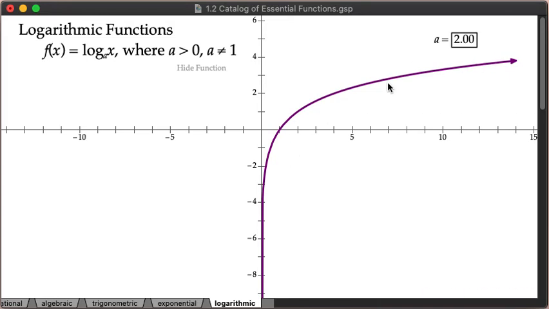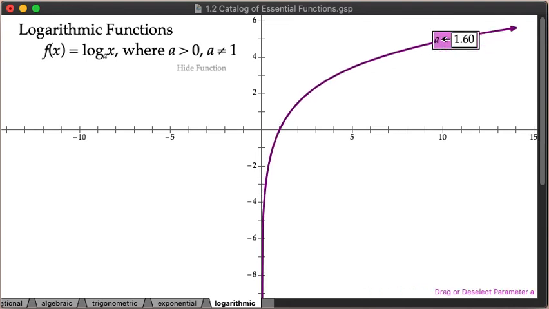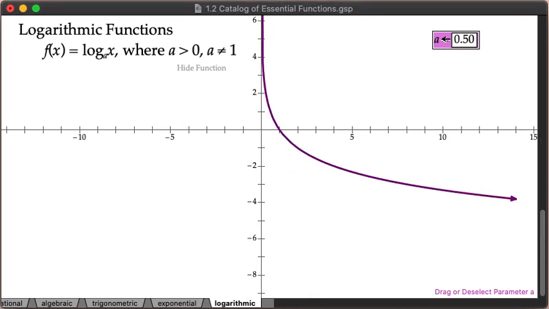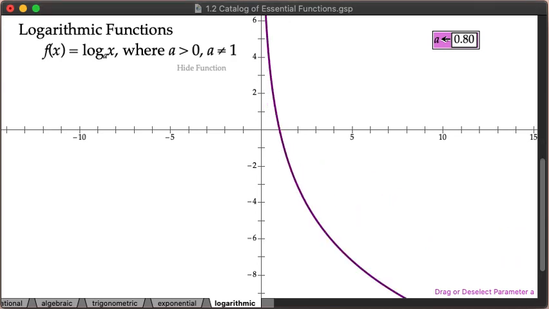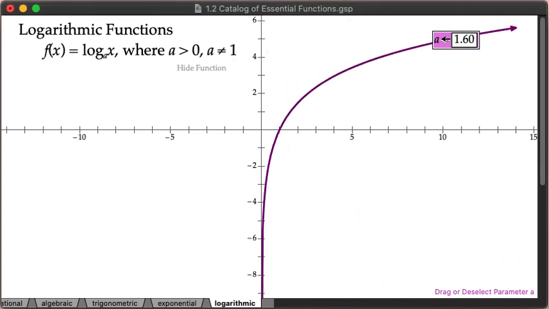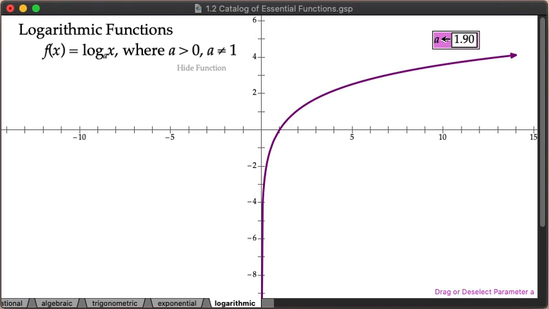But you should know for logarithms, the base, again, has to be positive and not equal to 1. If it's equal to 1, there's no function. If the base is less than 1, we have a decreasing logarithmic function. If the base is greater than 1, we have an increasing logarithmic function.